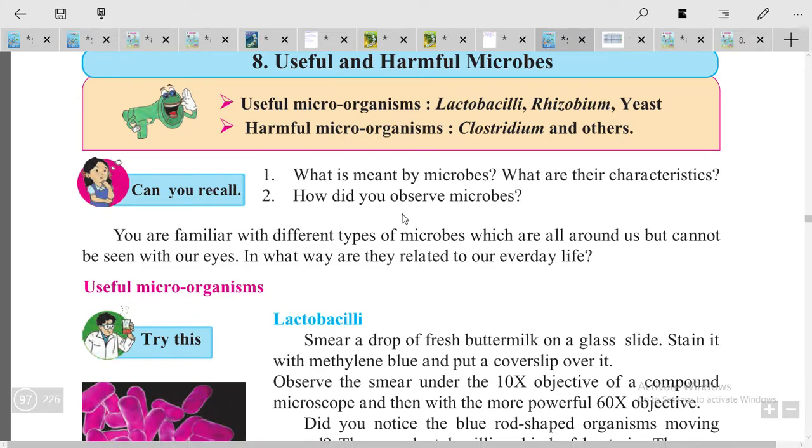Okay. How do you observe microbes? Where do you observe microbes? Microbes are found in buttermilk or the nodules of plants.